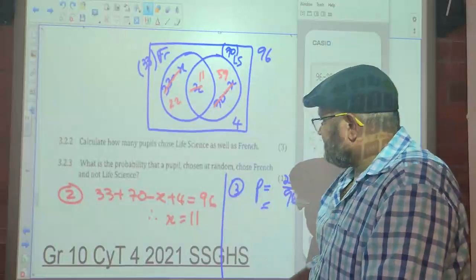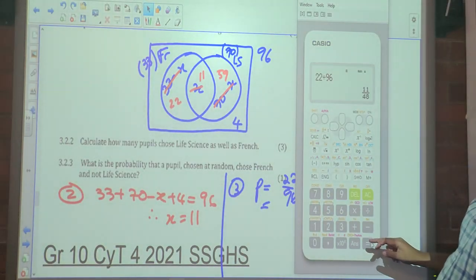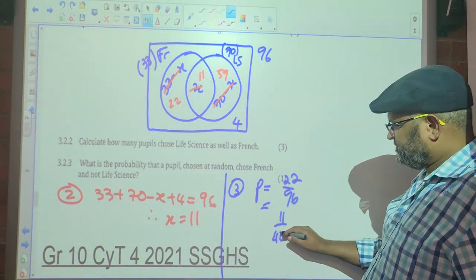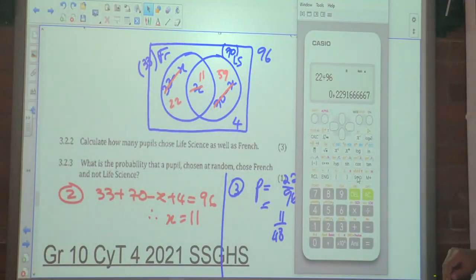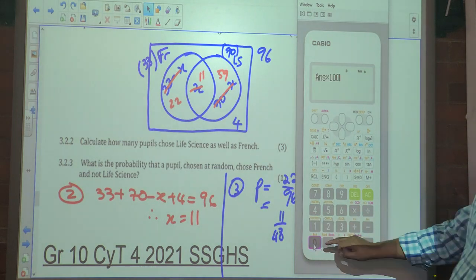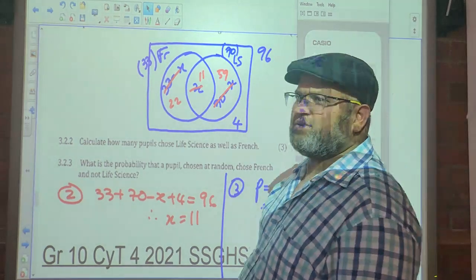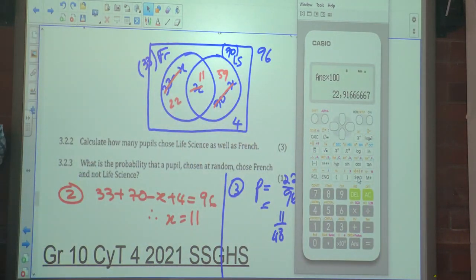So 22 over 96, 11 over 48, or I could have written it as 0.229 or 0.23, or you times it by 100, which gives us 22.92%. All of that is acceptable solutions. Okay. Any confusion there?